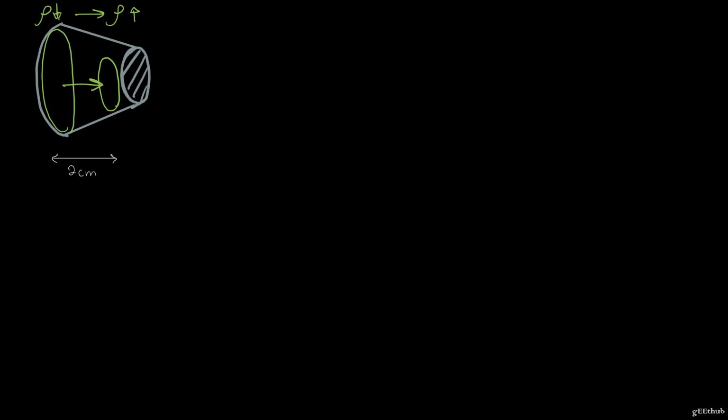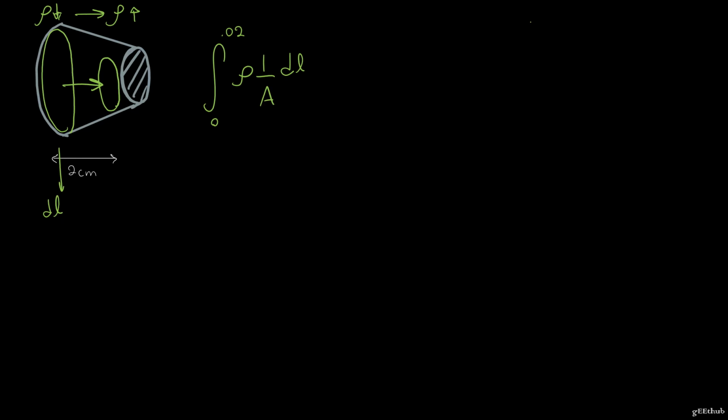To calculate the overall resistance of this, I'm going to need to divide this object into tiny lengths of dl and accumulate the resistance within the 2 centimeters length. That's translated as the integral from 0 to 2 centimeters of rho dl over A, or I should say rho times 1 over A dl.